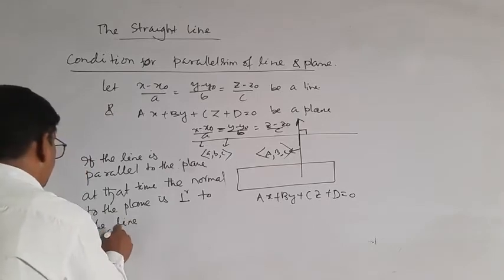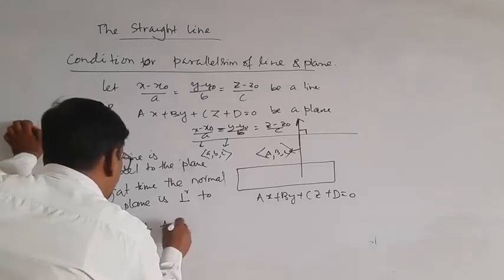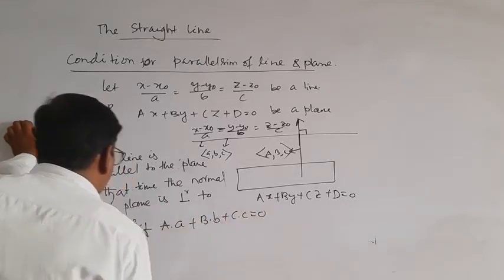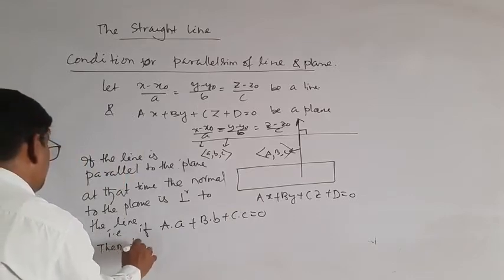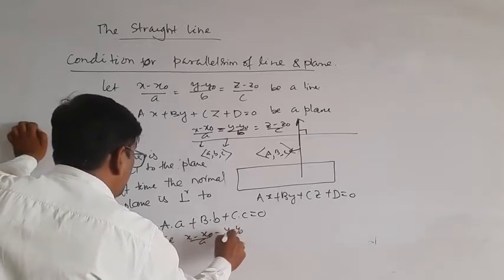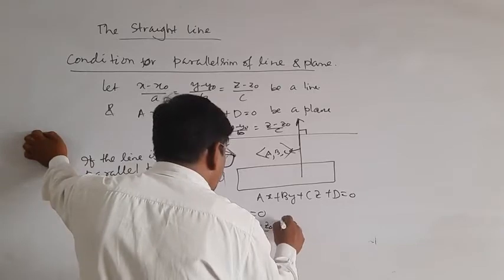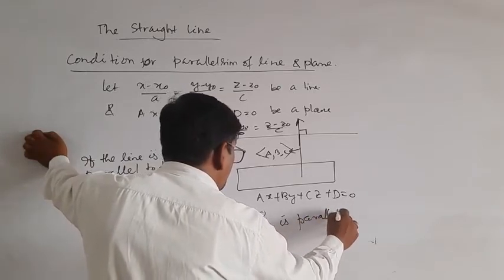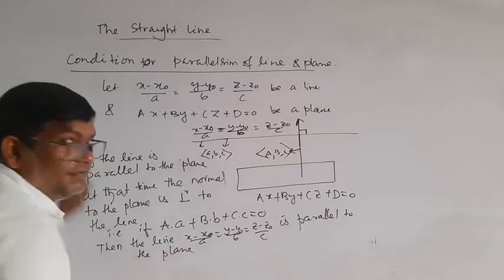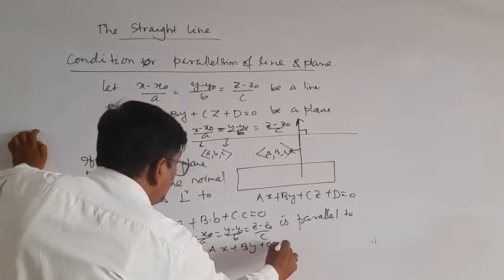if capital A into a plus capital B into b plus capital C into c is equal to 0, then the line (x minus x naught) by a, (y minus y naught) by b, (z minus z naught) by c is parallel to the plane, that is Ax plus By plus Cz plus D is equal to 0.